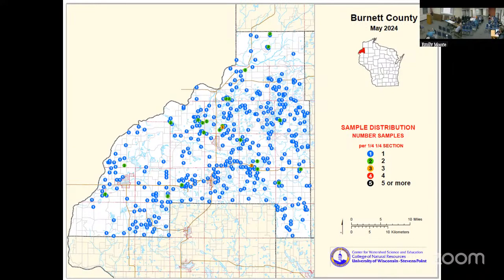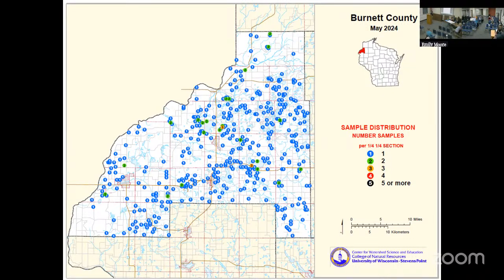So on this map, it's showing the sample distribution, and the color of that dot corresponds to how many samples we would have received from that quarter section, or that 40-acre parcel. So the blue dots are one sample. In some cases, we received 2, maybe 3 samples from the same 40-acre grid cell. In those instances, we'd be displaying the average concentration.